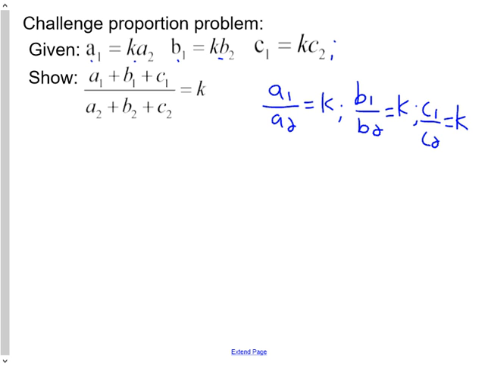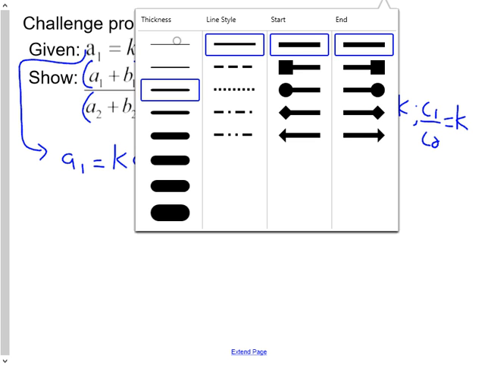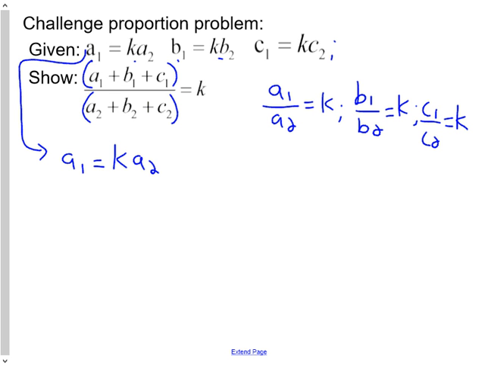How can we show that A1 plus B1 plus C1, quantity, divided by A2 plus B2 plus C2 equals K? So what we're going to do is take this first piece and manufacture the rest. Starting here, I'm going to try to make this left side, A1, look like A1, B1, C1.